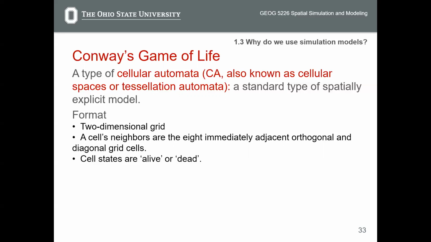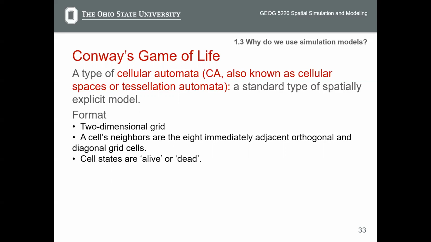A cell's neighbors are the 8 immediately adjacent orthogonal and diagonal grid cells. So the second sentence here defines something called neighbors. Okay, you can randomly choose a cell on this two-dimensional grid, and its 8 surrounding cells are considered the neighbors of this cell.